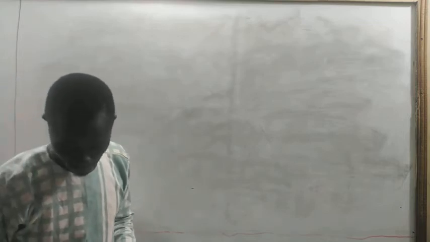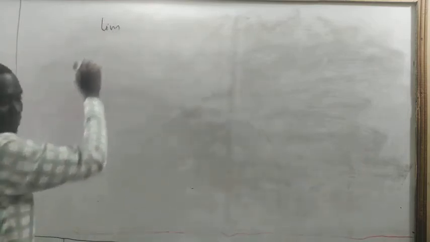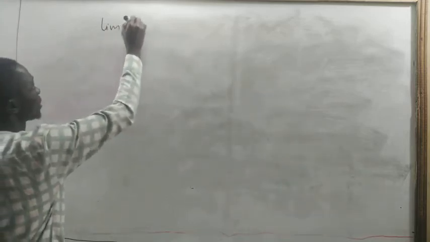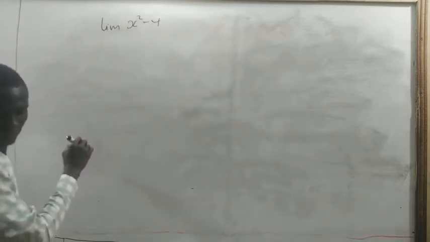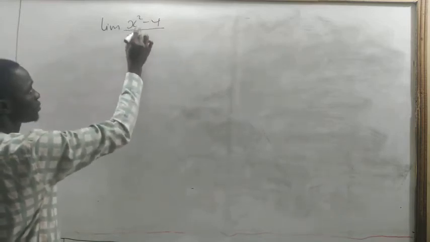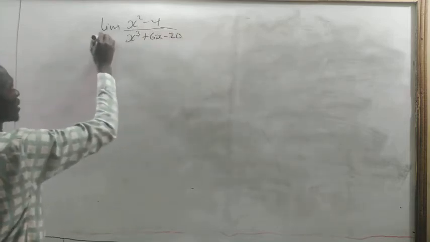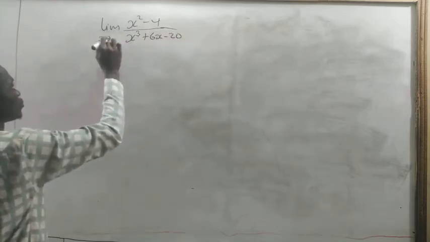Now our next question is this one. This is a very nice question. We have the limit of x squared minus 4 divided by x cubed plus 6x minus 20 as x approaches positive 2.